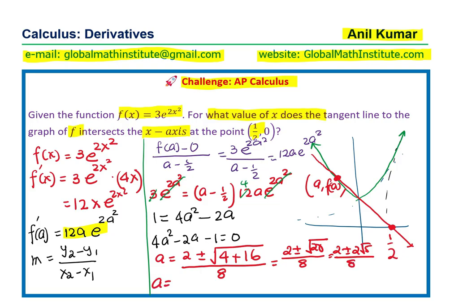So we get a equals 1 plus or minus square root 5 over 4, correct? So a has two values, 1 plus or minus square root 5 over 4. Those are the 2 points. Let me rewrite the answer here: the value of a will be 1 plus or minus square root 5 over 4.